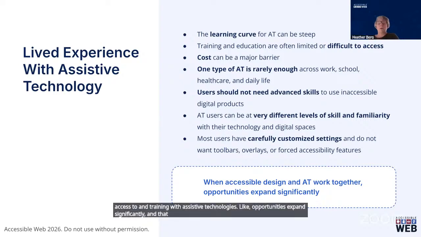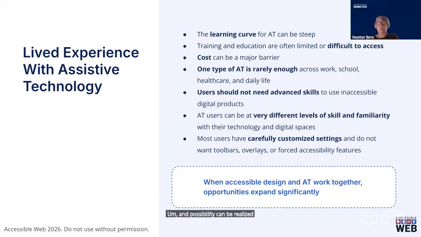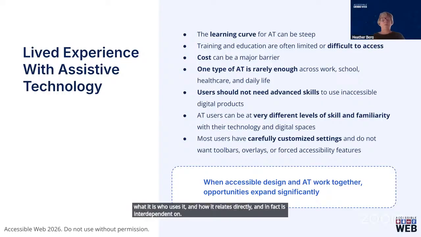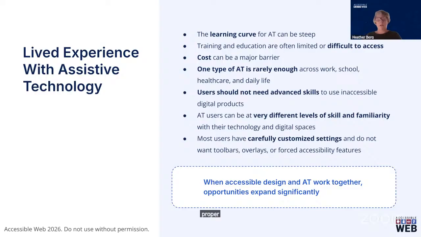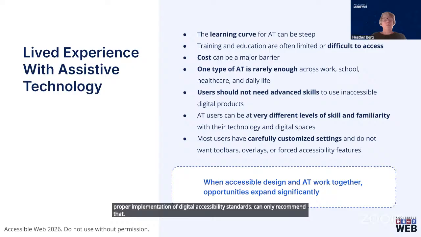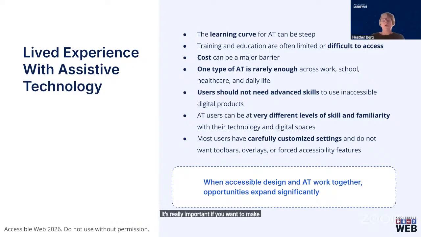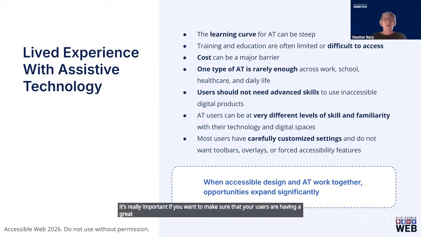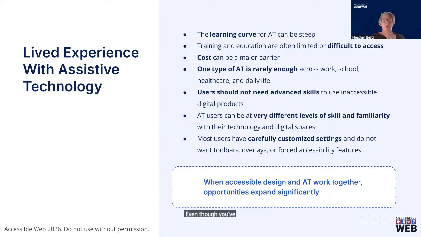That's really when doors open and possibility can be realized, in particular for users with disabilities. And so now that we know a little bit more about assistive tech, what it is, who uses it, and how it relates directly, and in fact is interdependent on proper implementation of digital accessibility standards, I can only recommend that it's really important if you want to make sure that your users are having a great experience, even though you've done all the work, met all the success criteria, done all the remediations.